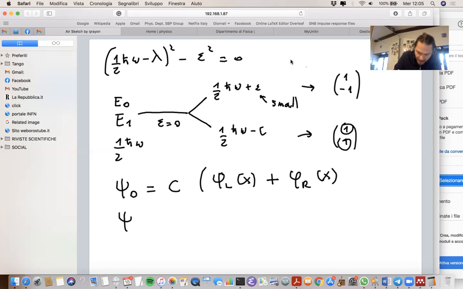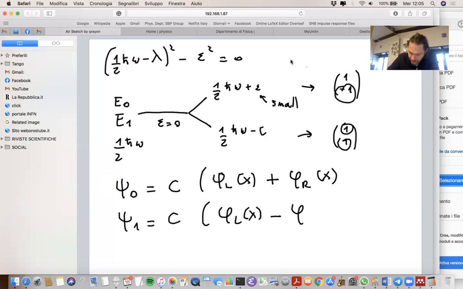And the first excited state is going to be the same thing, but now with the relative minus sign. Now you can work out these coefficients by imposing normalization.